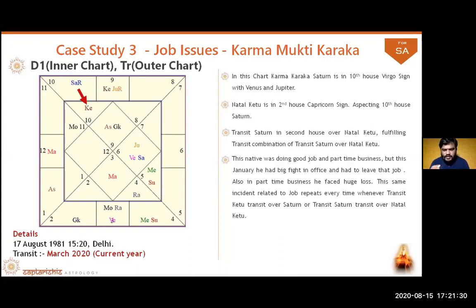The same incident related to the job repeats every time transit Ketu or transit Saturn comes over natal Saturn and natal Ketu. I have a list of all events for this native, and this technique is working very beautifully. Just check the position of Rahu, Ketu, Jupiter, Saturn in the natal chart, and then see the positions of these planets in the transit. You can predict very easily.